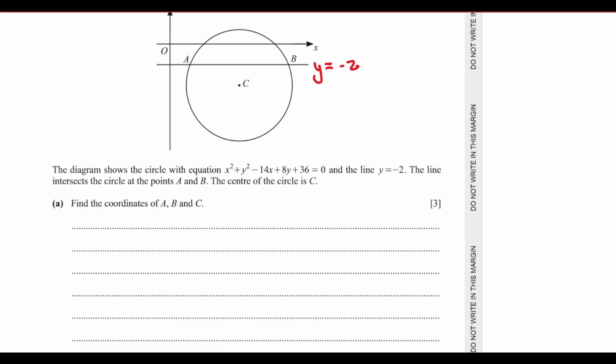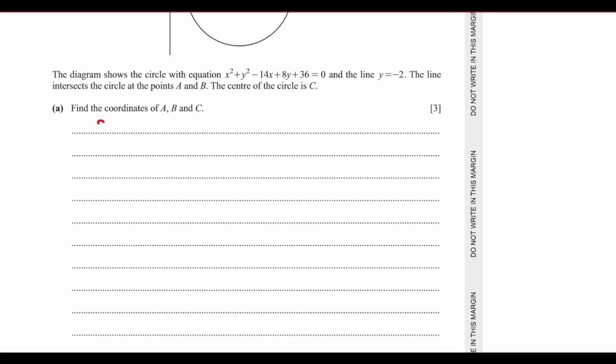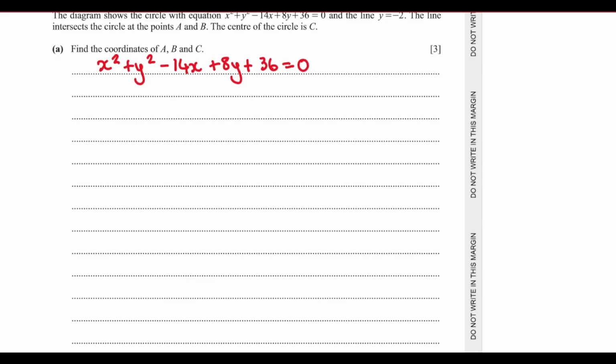Which is the easiest one to start with? We could find the center of the circle C. Now, you could either do it via completing the square, or you could use a formula, but I don't like using the formula because then it's another thing you need to remember. Rather just complete the square, bring the x's together and the y's together, and then take the constant to the other side.